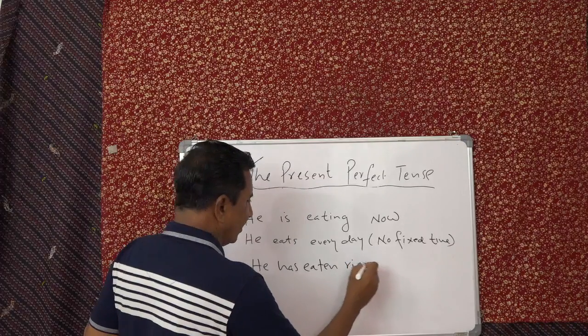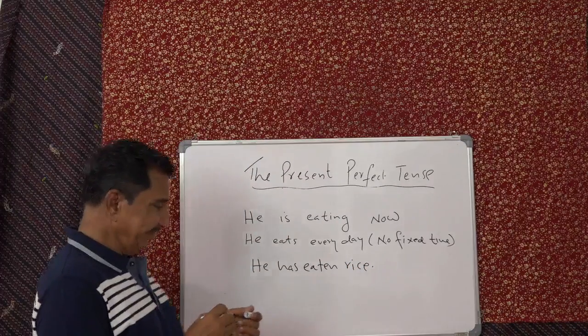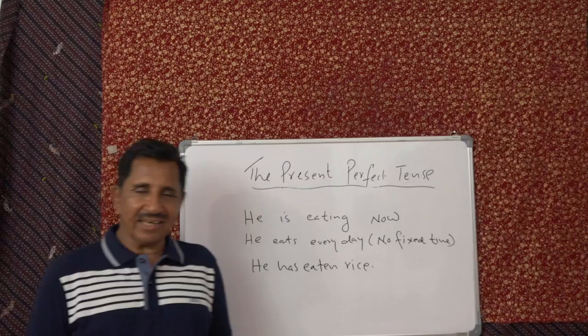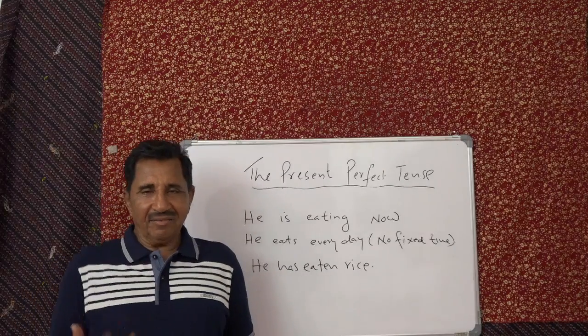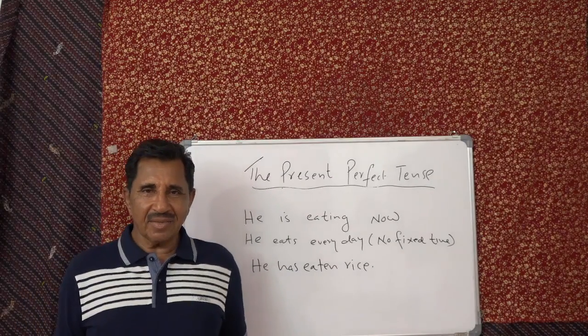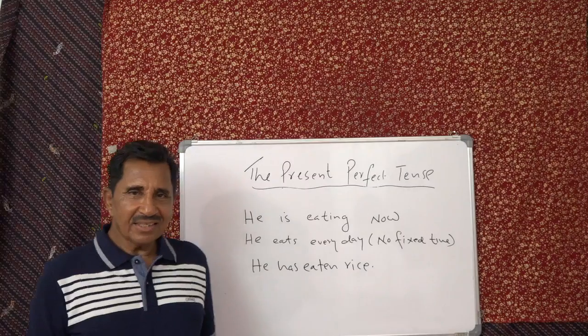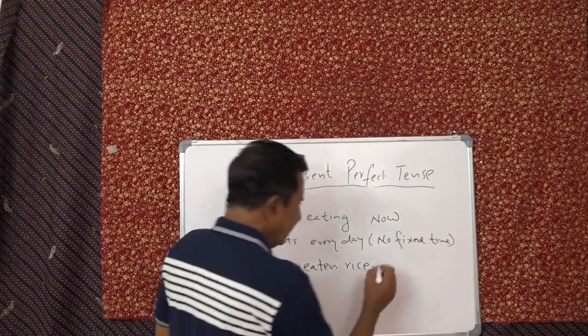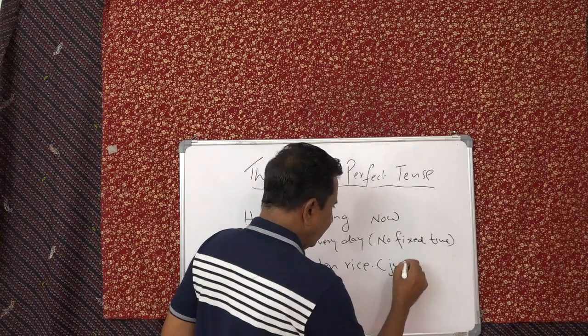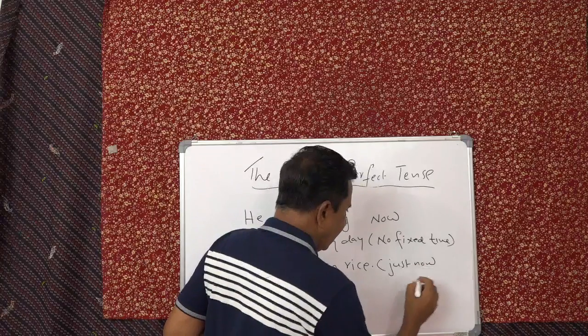Now, next tense that we have studied today is, he has eaten rice. He has eaten rice. But I have eaten rice. What does that mean? That means just now completed.